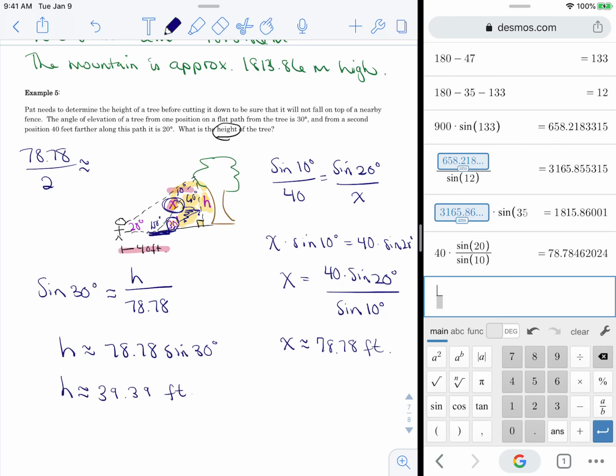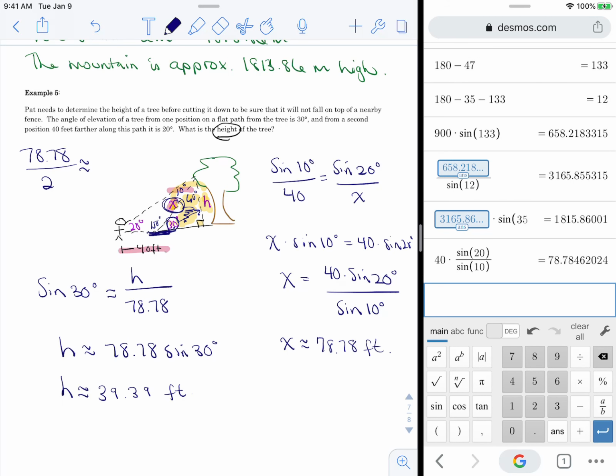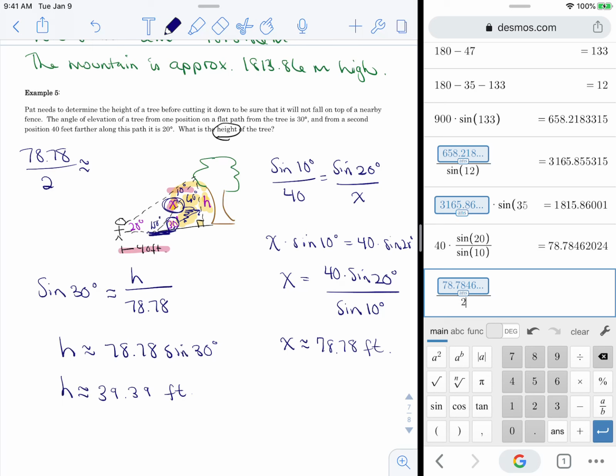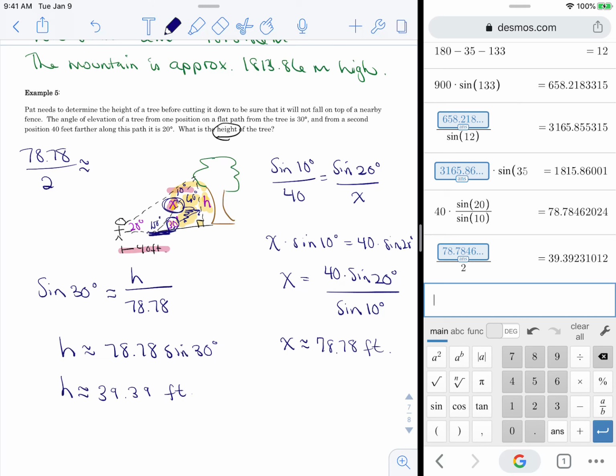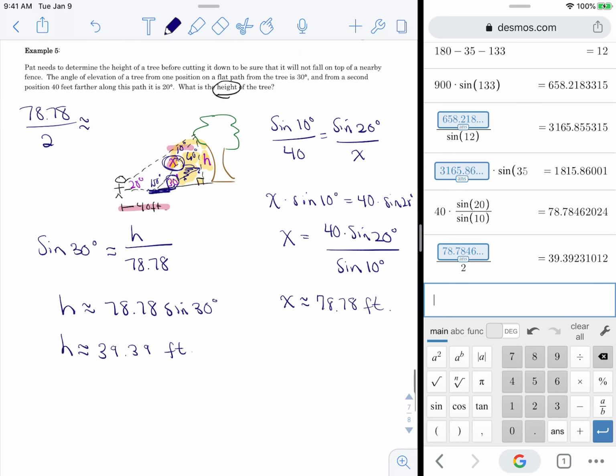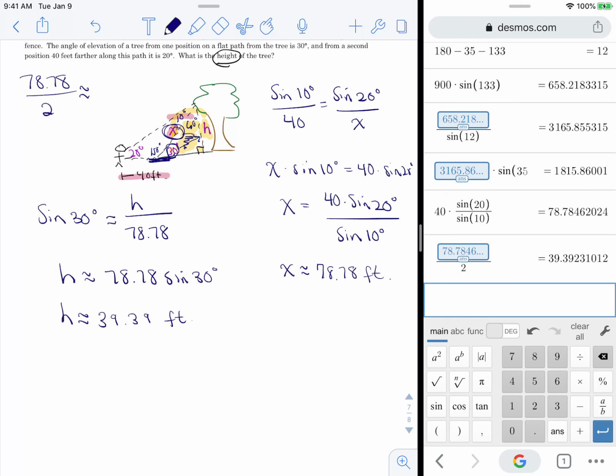Okay, if I divide this by 2, we get the same answer. So it's pretty cool knowing special right triangles. Okay, so our answer is the height of the tree is about, because you did do some rounding, 39.39 feet. Okay, see you next time.